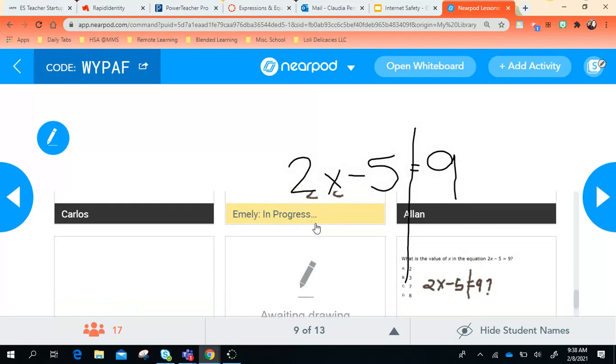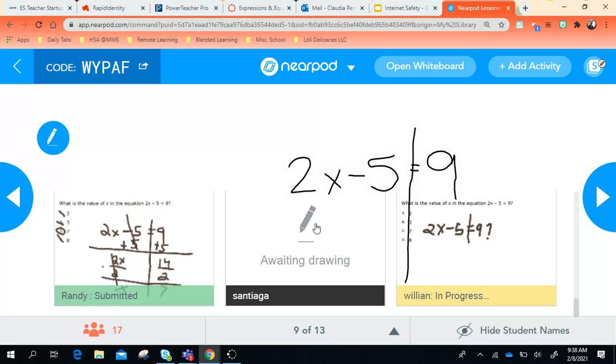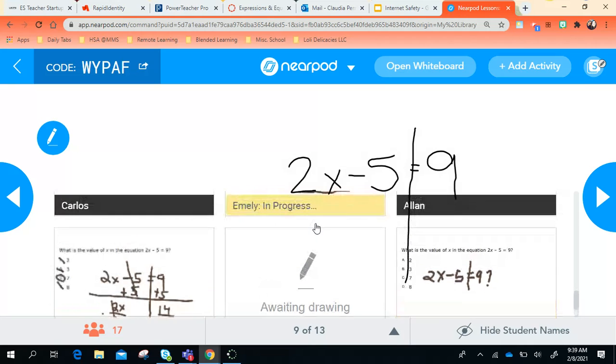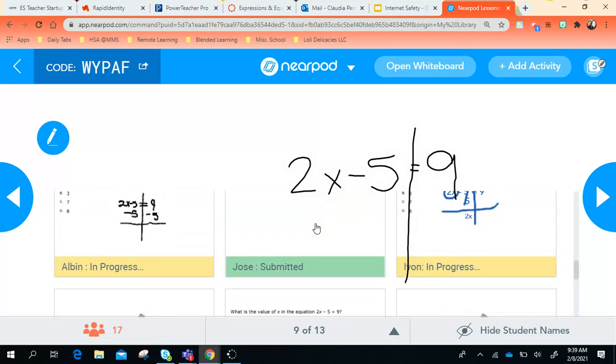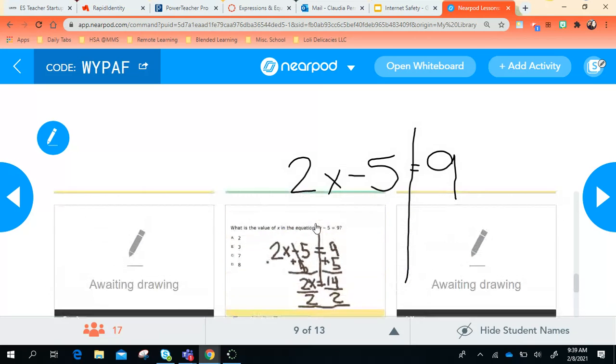Santiago, I can't see anything on your screen. Randy, yours also looks very good. William, primero tenemos que empezar por sumar el 5 a los dos lados. So, sumamos 5 de un lado, sumamos 5 del otro. Y después continúas. Shaylin, I'm not seeing anything on your screen.